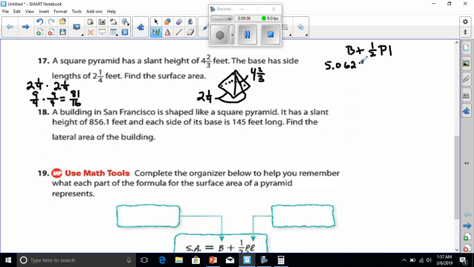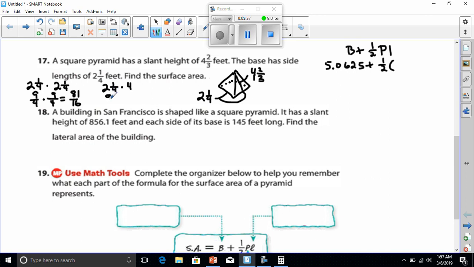That's our base. We're going to add that to 1/2 times the perimeter. Well, the perimeter is 2 1/4 plus 2 1/4 plus 2 1/4 plus 2 1/4. So basically the perimeter is 2 1/4 times 4. Again, we turn this into an improper fraction. 4 times 2 is 8, 8 plus 1 is 9.